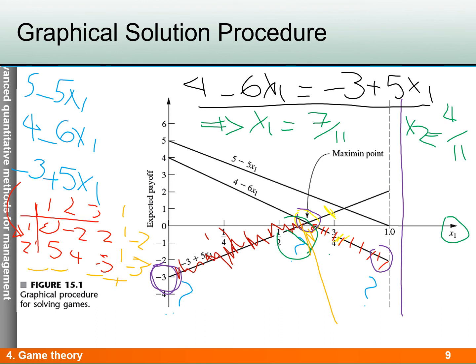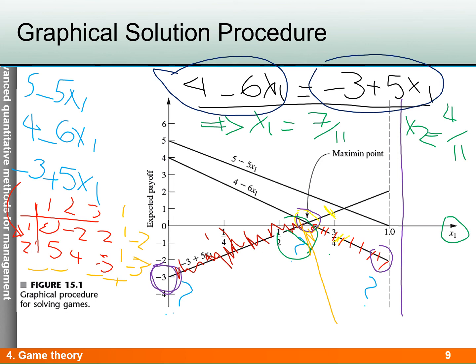But one item is still existing. What is that item? The value of the game. Okay? The value of the game. How can I find this value of the game? Easily by substituting this x1 in either of these two lines.